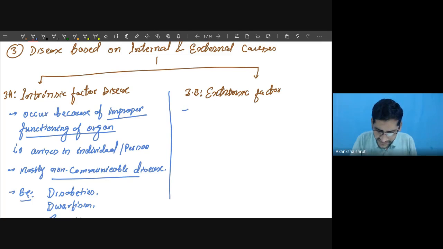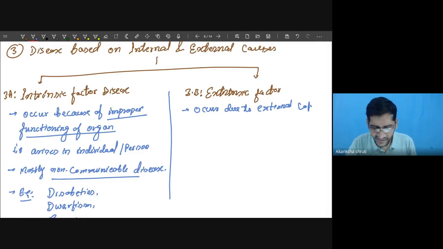So they occur due to an external carrier. External carrier means what? Like a mosquito bite. Agents. Good. External carrier or agents.